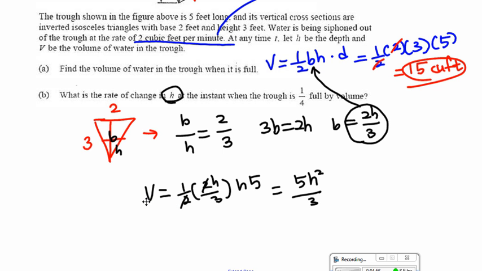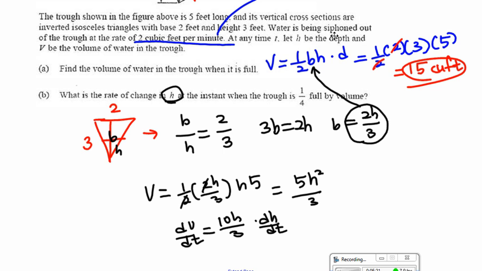But since we know dV/dt is equal to 2, if you take the derivative, we'll end up getting dV/dt equal to 10h/3 times dh/dt. Then here, we get to realize we need to find out what h is.